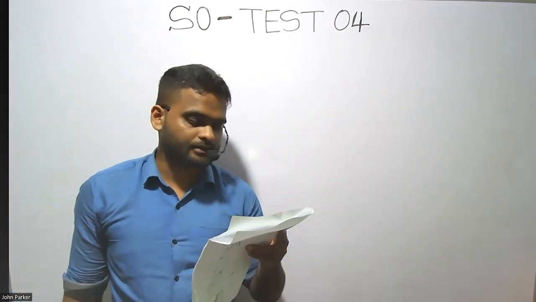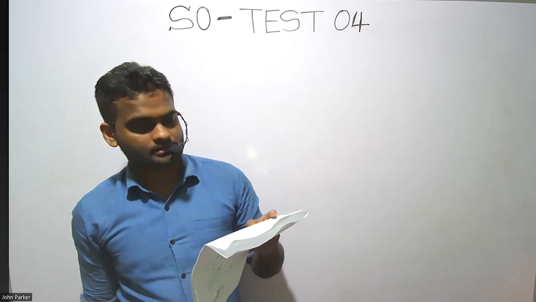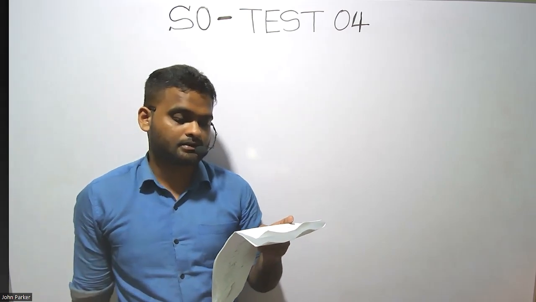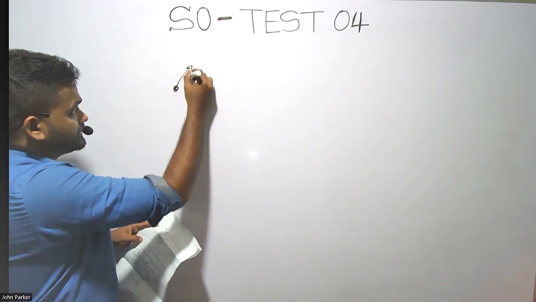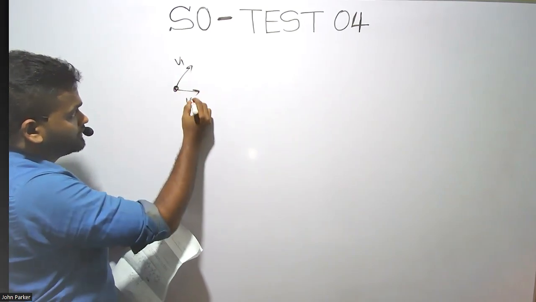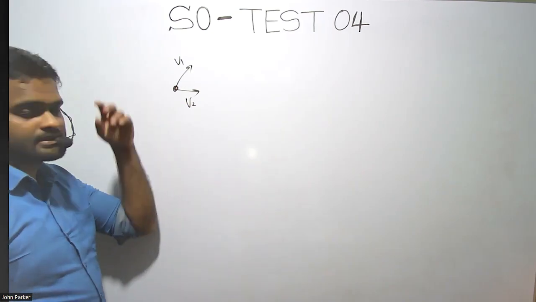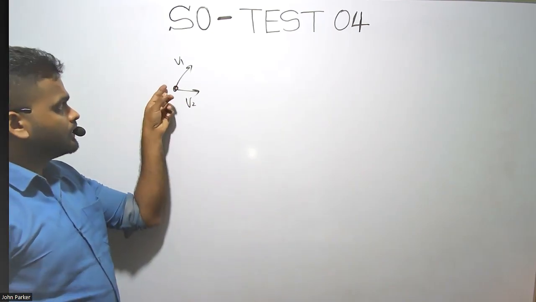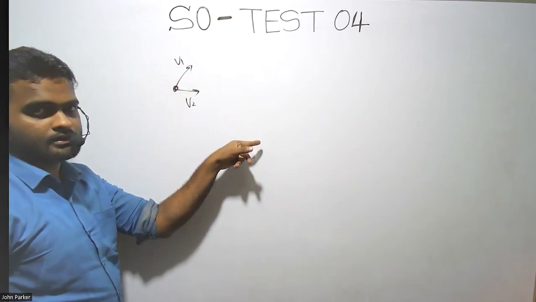Right, 13th question. Two velocities are acting on a particle. So let's say like this. What does it mean to act in two velocities? It doesn't mean the object goes in both directions, right?